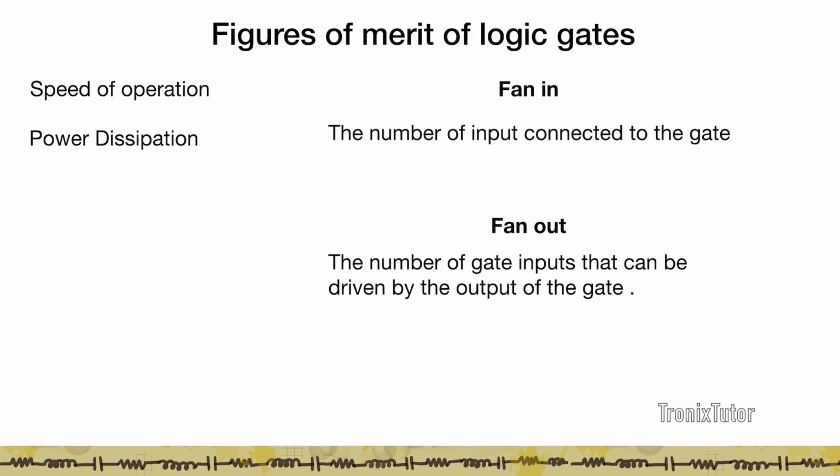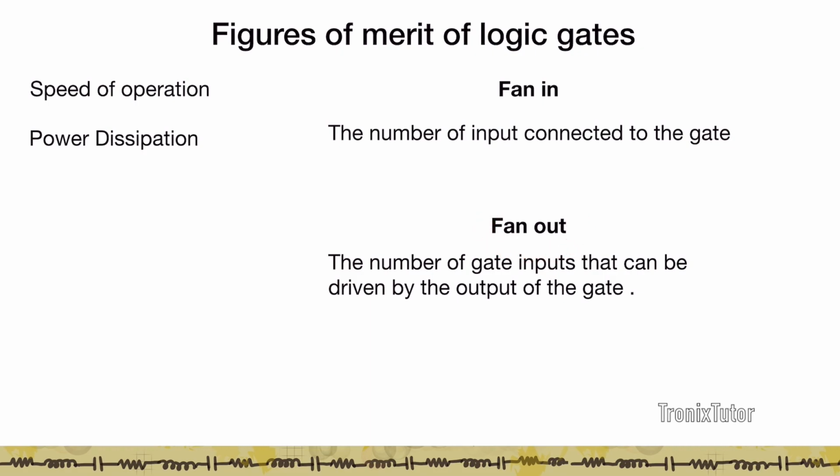The third important figure of merit is known as the fan in and fan out. This deals with how many inputs can you connect at the gate. For example, how many inputs can a particular gate take? As I told you, typically when we design, we normally keep it to a max of 3 or 4, but you can always design higher provided you know what the trade-off is. When you're comparing different technologies, you want to know how many gates can be connected at the input.